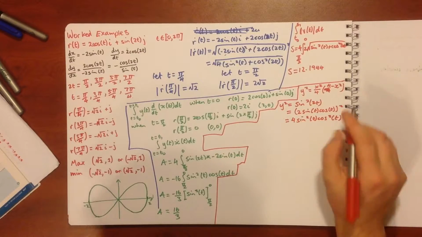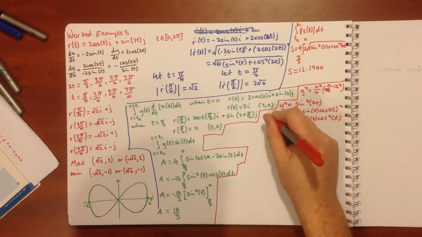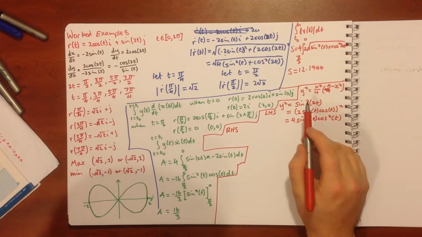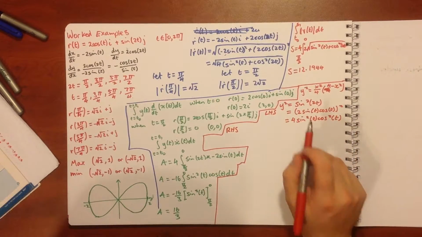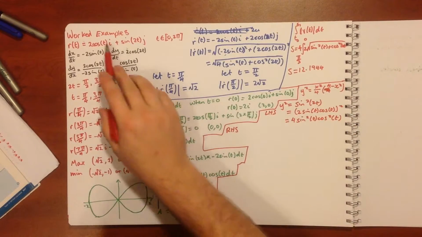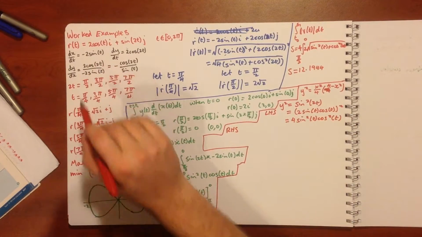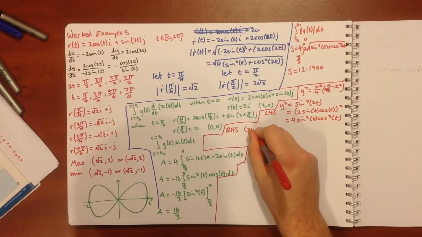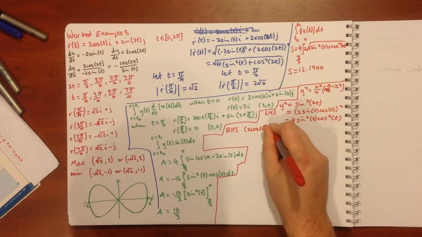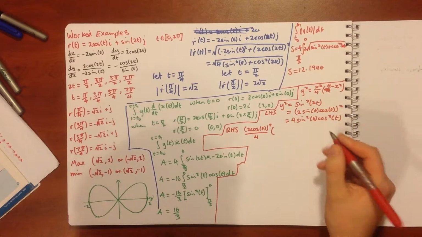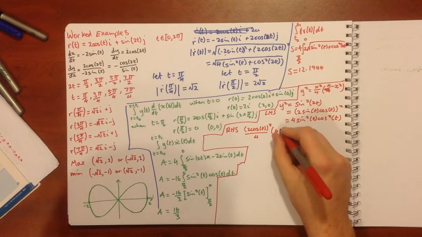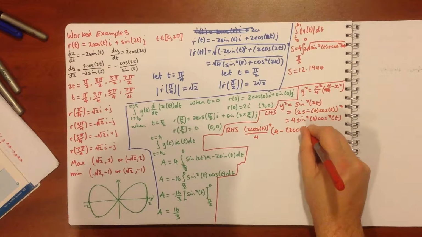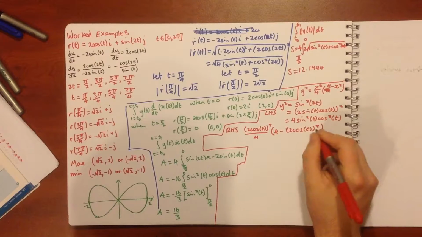Now if we have a look at our right hand side, so that was our left hand side, we can see that our x is 2 cos of t. So this side is going to be (2 cos t) squared on 4 outside of 4 minus (2 cos t) squared.